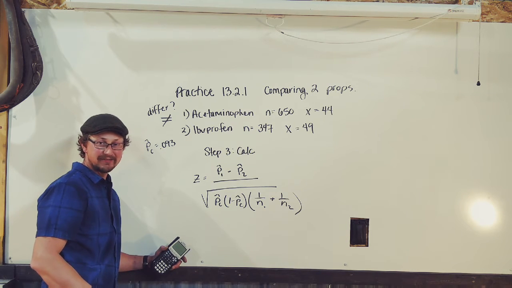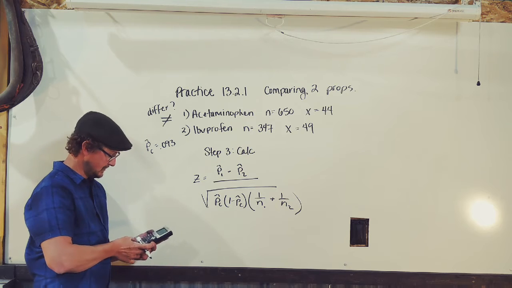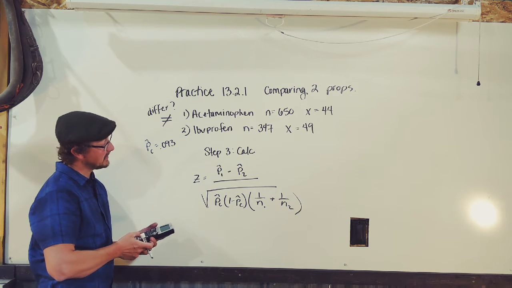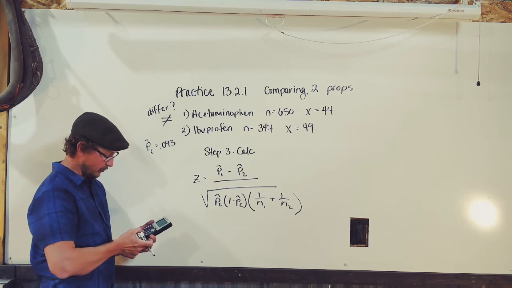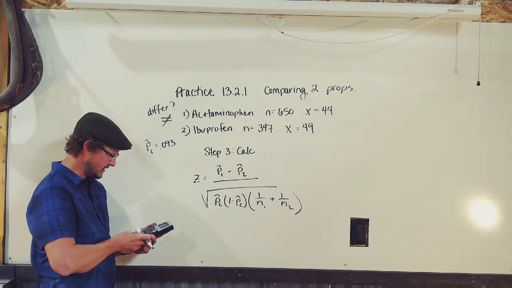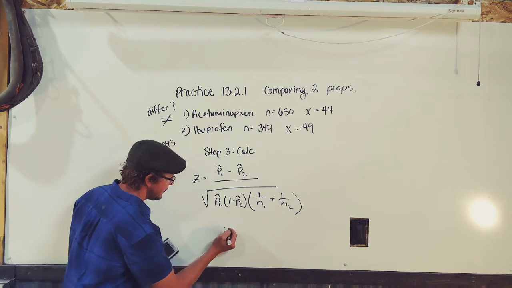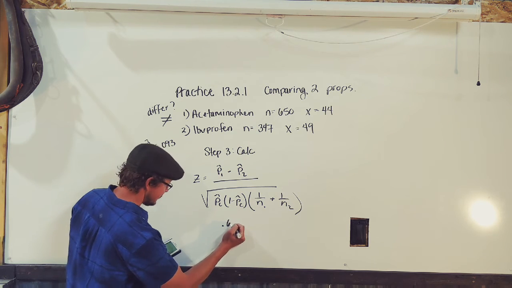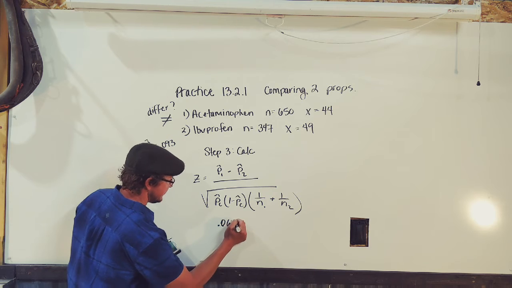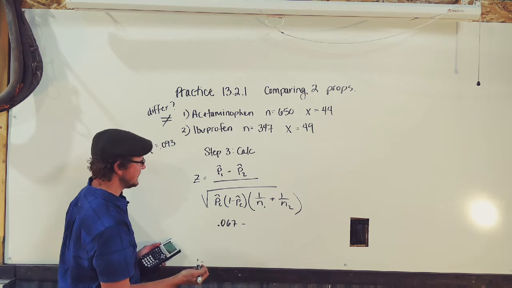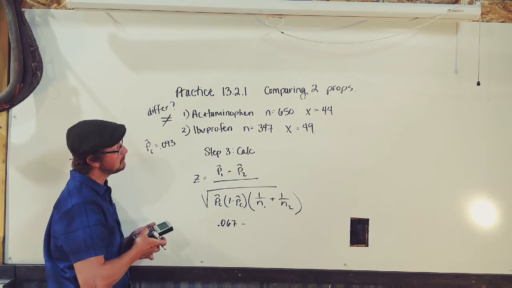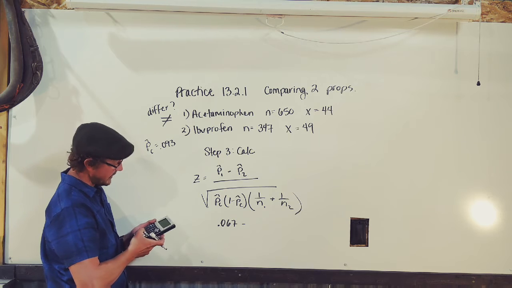Let's go ahead and drop our values in there. I'll real quick figure out what p hat sub 1 is. That's 44 divided by 650. Gives me 0.067 minus my p hat sub 2, the ibuprofen side effects.